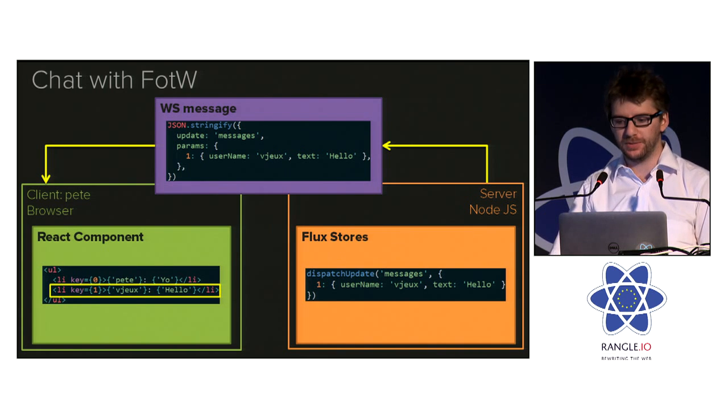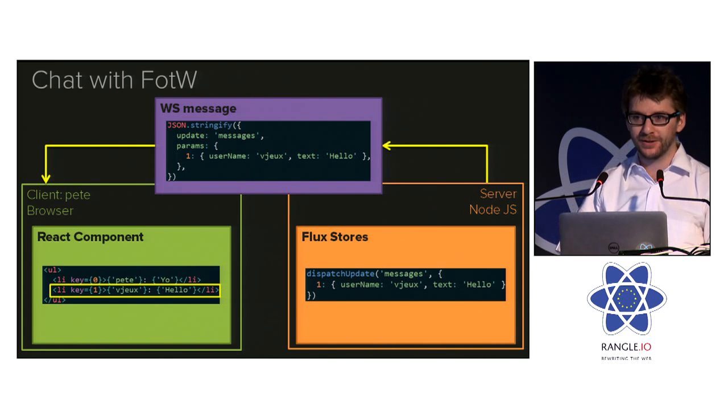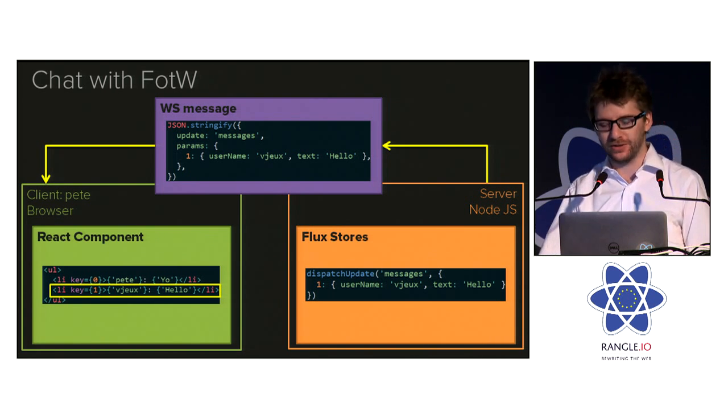Upon receiving the WebSocket message, it is unserialized and passed to the message list React component in Pete's browser. Having received new props, the message list component re-renders and now returns an additional list item element. The DOM is then updated by React, and Pete can see the message written by Visual on his screen. So now we can build chats using full-stack Flux.